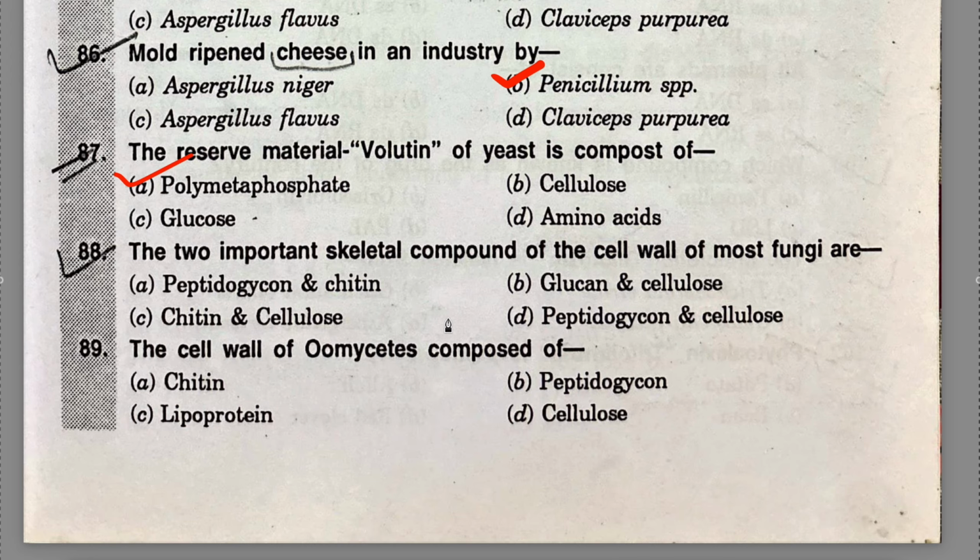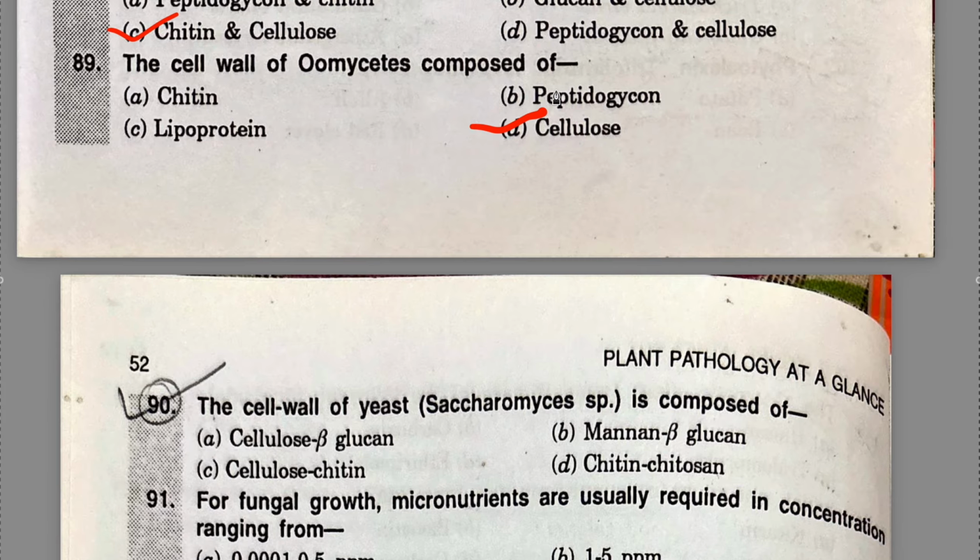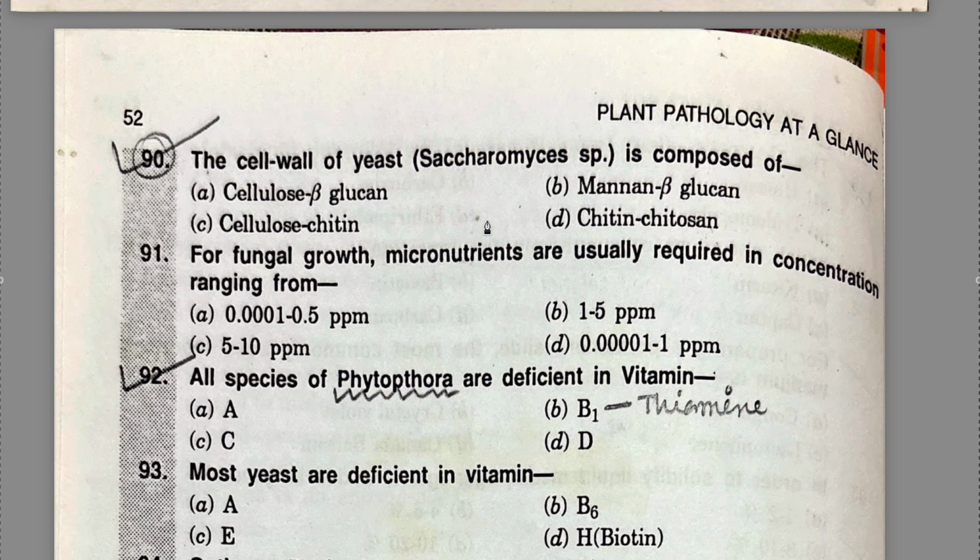Answer is chitin and cellulose. 89. The cell wall of oomycetes is composed of chitin, peptidoglycan, lipoprotein, or cellulose. Answer is cellulose. This is for bacteria, this is for true fungi, so it's cellulose.